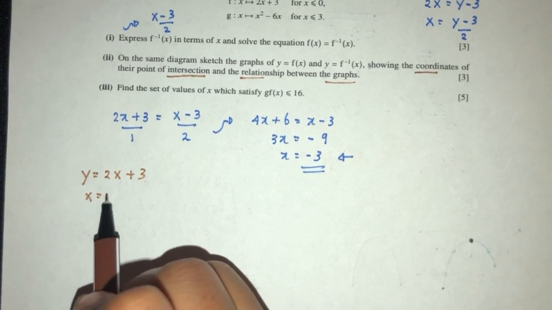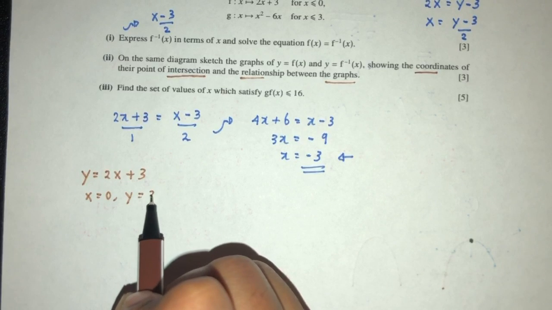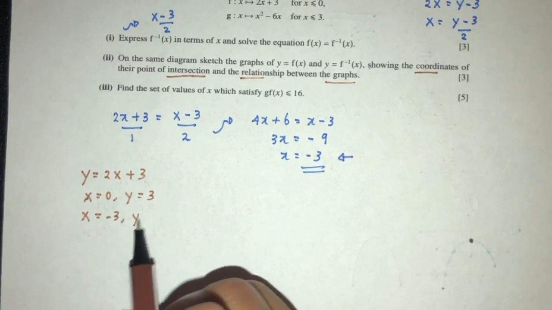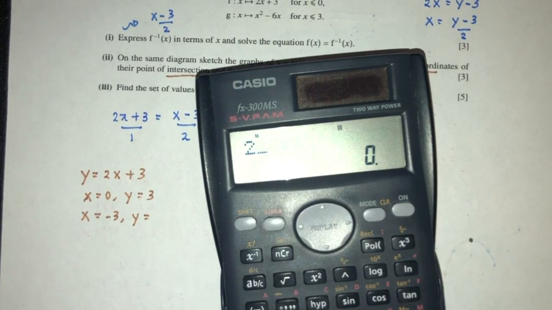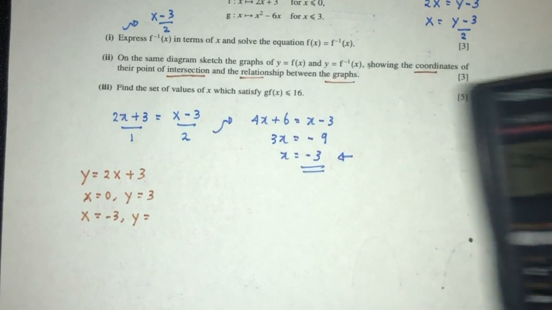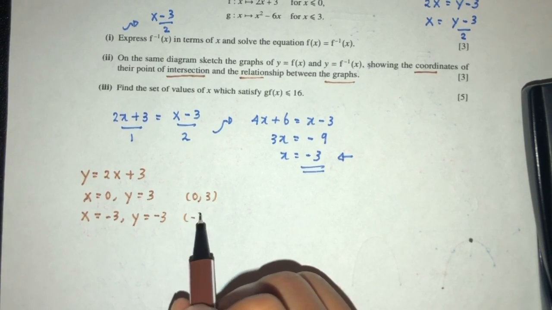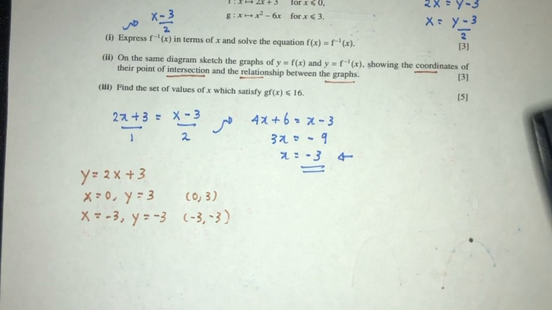When x is equal to 0, y will be 3. Now when x is equal to minus 3, y will be 2 times minus 3 plus 3, that should be minus 3. That will be (0, 3) and (-3, -3).